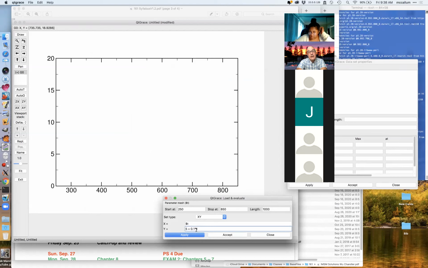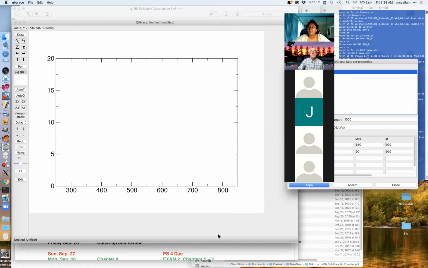So my linear constant is 0.1, and then just multiply it by x. And then I'm going to subtract off a really small 1 over x squared term, right? So now I hit accept.